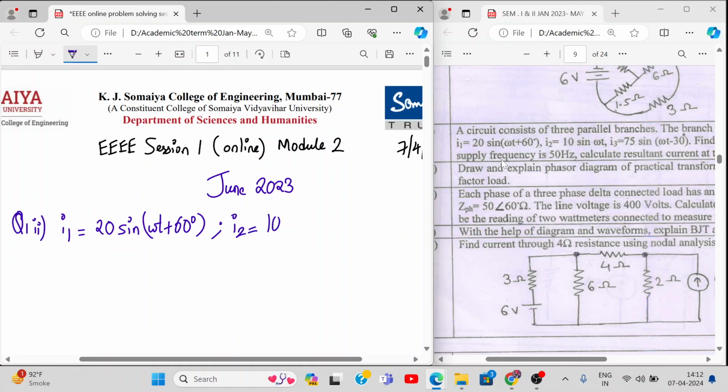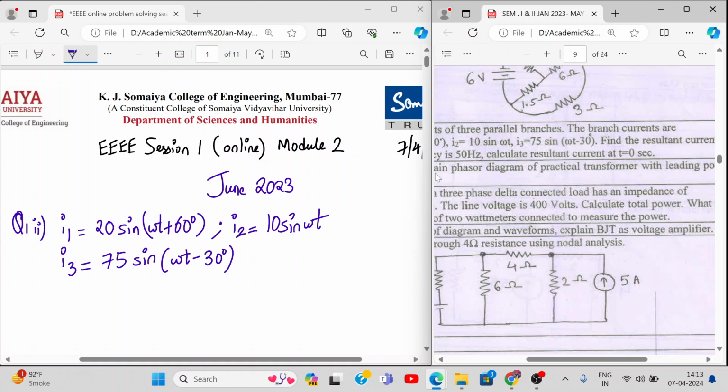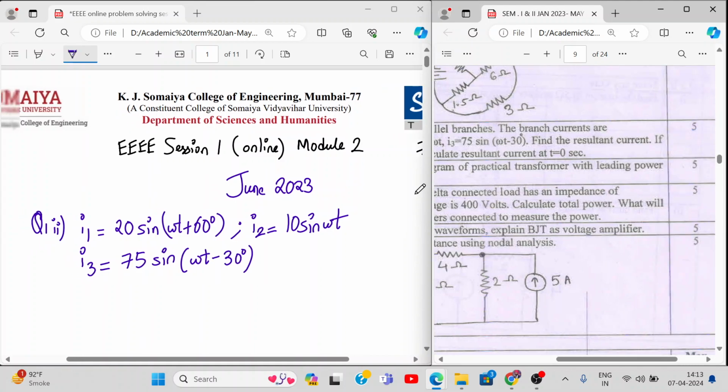I2 is 10 sine omega t, and I3 is 75 sine of omega t minus 30 degrees. Find the resultant current.